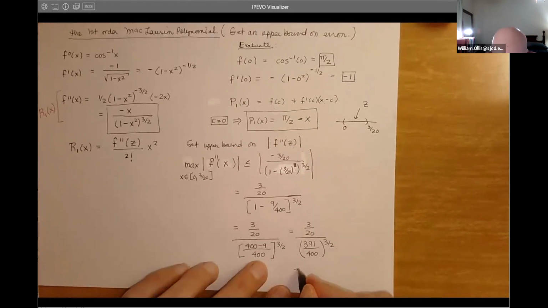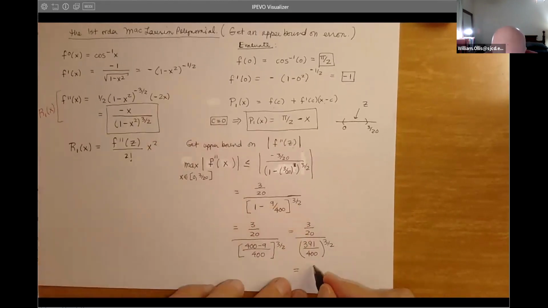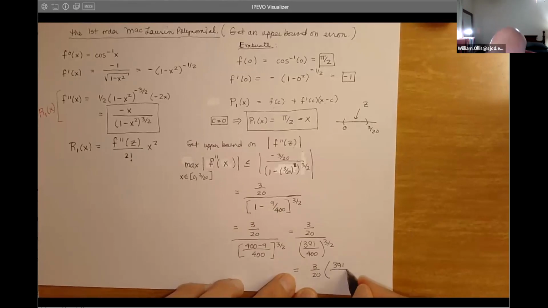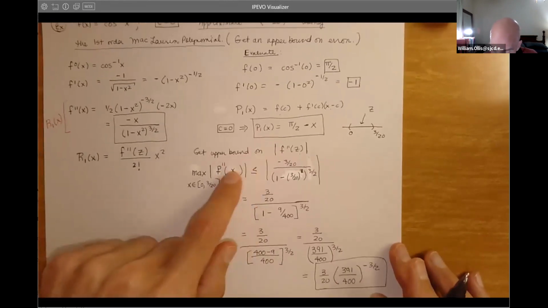And then you can invert it, just bring it upstairs. So this will be 3/20, 391, 400 to the -3/2. So this is an upper bound on the second derivative absolute value.